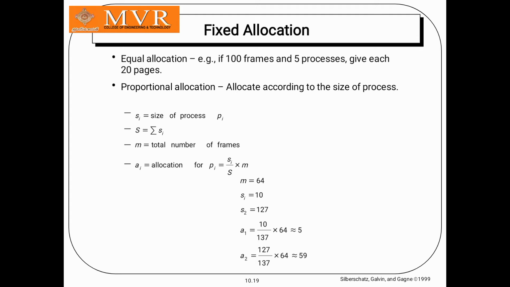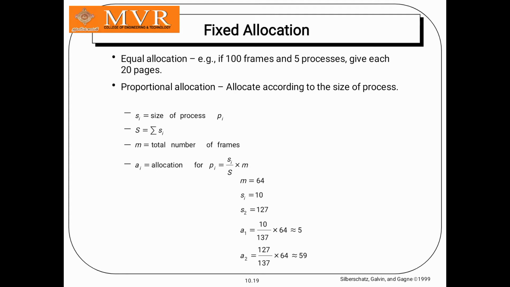Here we can take the size. See how this formula is executed. Si is the size of process Pi, and S equals the sum of Si. Here S is defined as the total size, M equals the total number of frames, and ai equals the allocation.